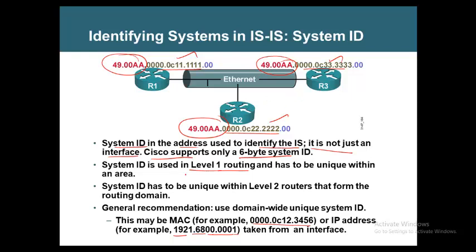System ID has to be unique within the L2 routers that form the routing domain. So every router should have a unique ID. So not only in L1, even in L2 it should be unique. General recommendation, use domain wide unique system ID.